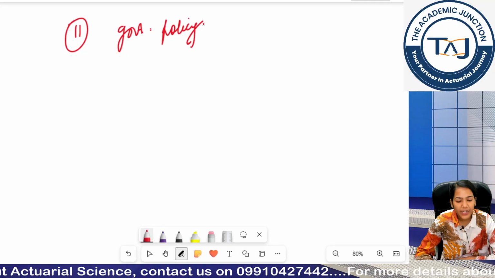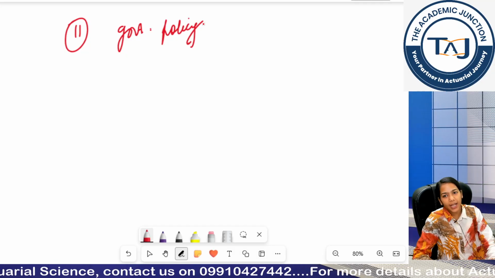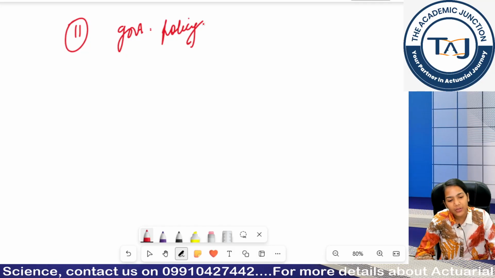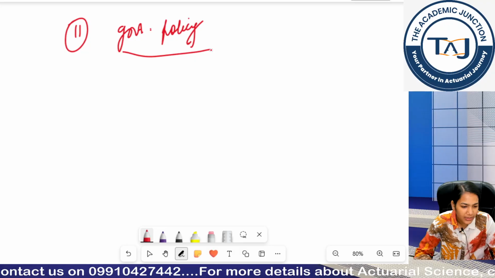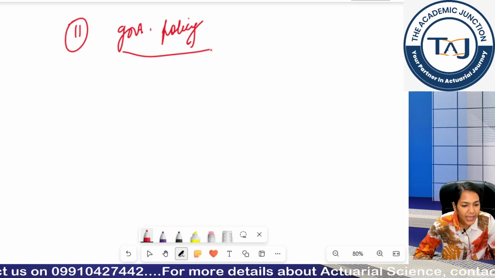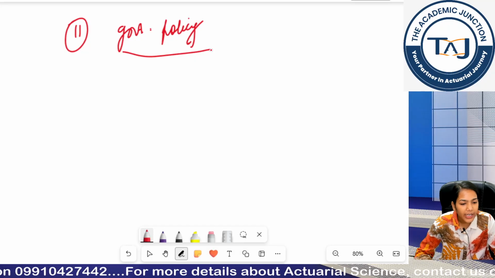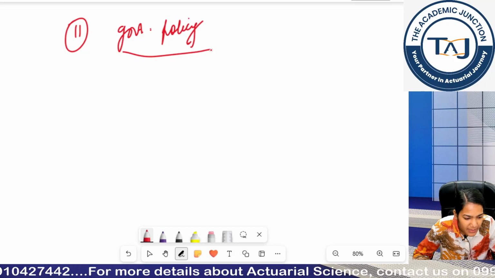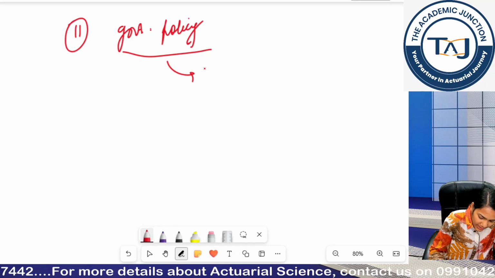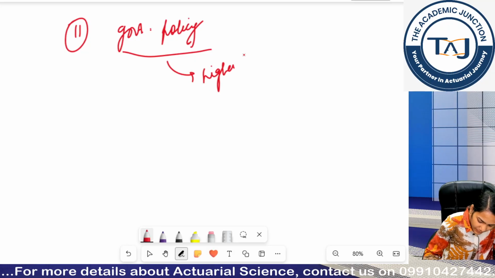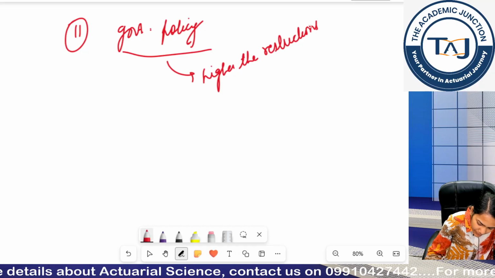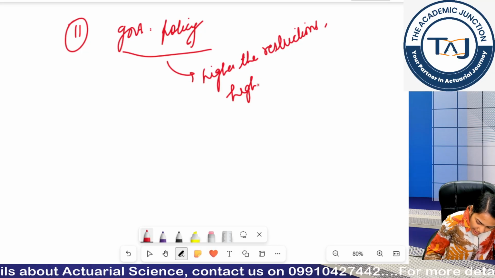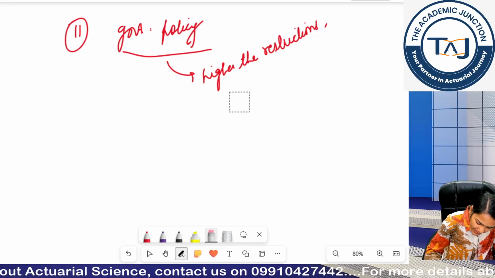For example, if there are certain restrictions, I can increase my supply by buying land, but there are certain restrictions from the government that I cannot buy land in this time period, or I need to keep this much minimum capital. So higher the restrictions, lesser the elasticity.